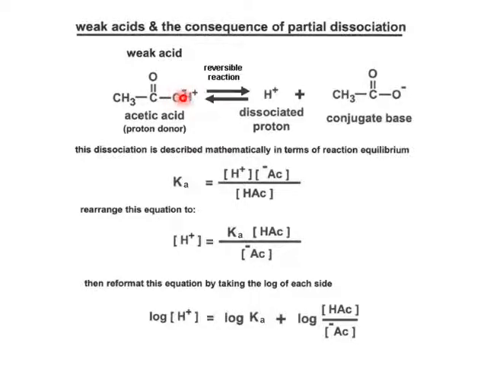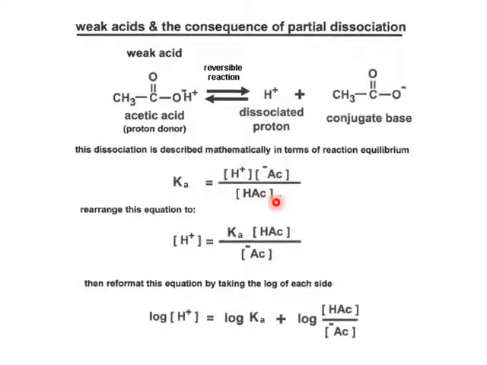This is going to form a covalent bond here, and so you're not going to have charge, but if you think of them as ions that are interacting, it's just dissociating into the proton plus its conjugate base. And so we can write this as an equilibrium expression of the acid dissociation constant Ka, or the concentration of the proton times the conjugate base, over the concentration of the acid that's present.